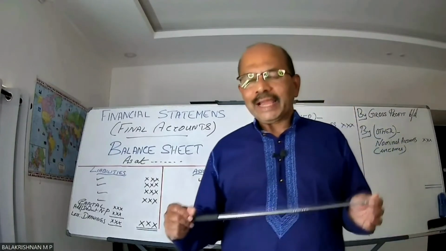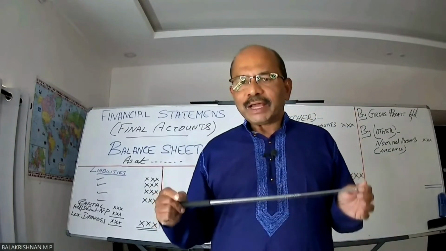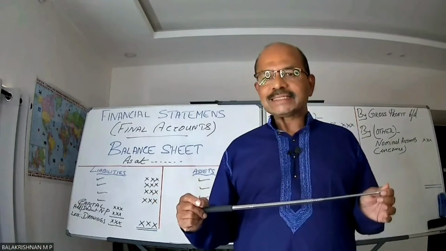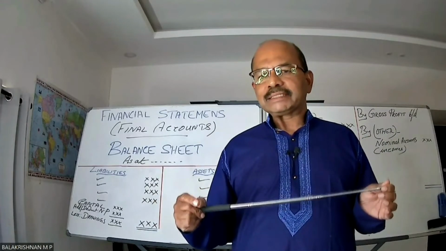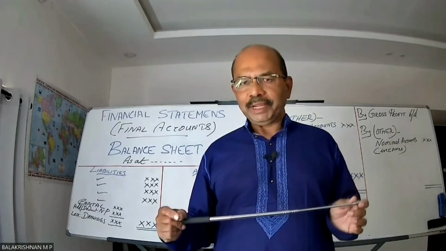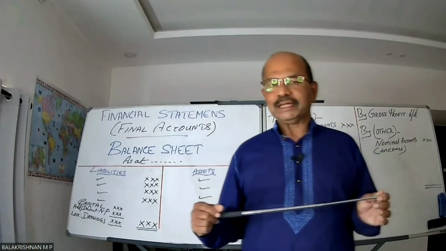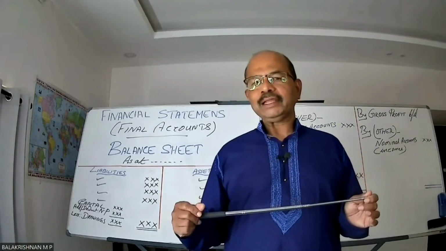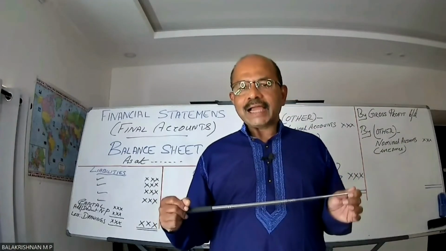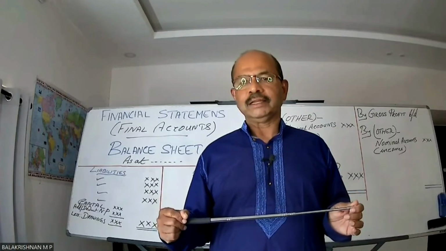If you show an item as a deduction in the liability side, where normally credit items are listed, it is as good as the item representing a debit one, and vice versa. I repeat, if we show an item as a deduction in the liability side, where normally credit items are listed, it is as good as the item representing a debit one, and vice versa.